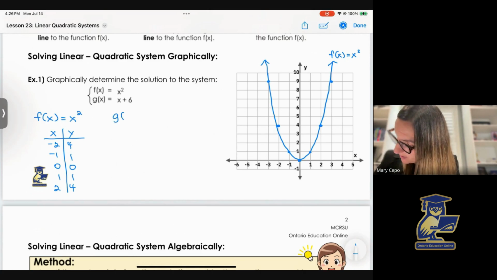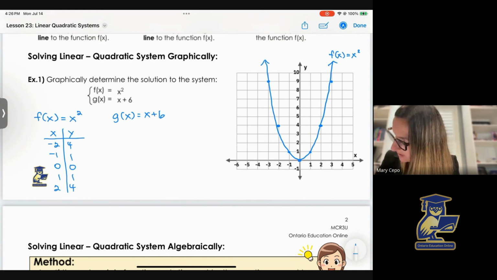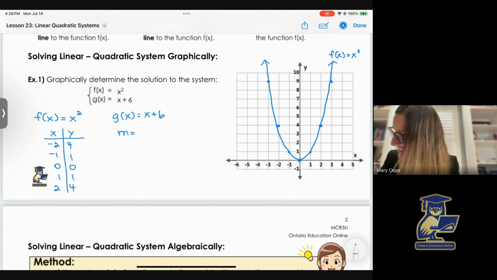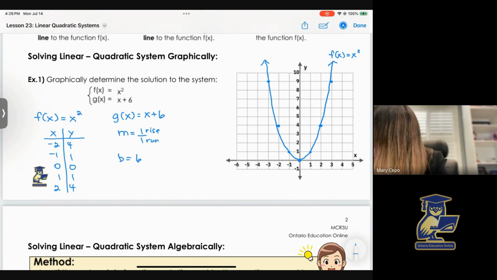g of x would be our linear function, and we have x plus 6. Now it's in slope y-intercept form, so we identify the number in front of x as your slope, which is 1. We don't see it, but we know it's there. So it's 1 over 1, rise over run, and my y-intercept is 6. So when graphing that linear function, we start at the y-intercept of 6, and rise 1 over 1.